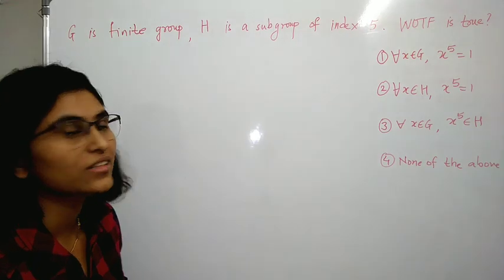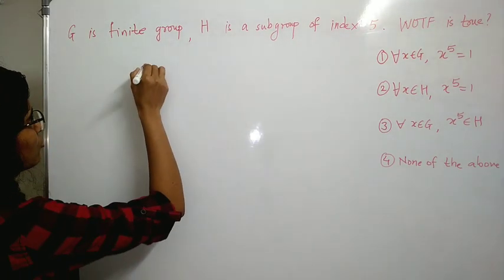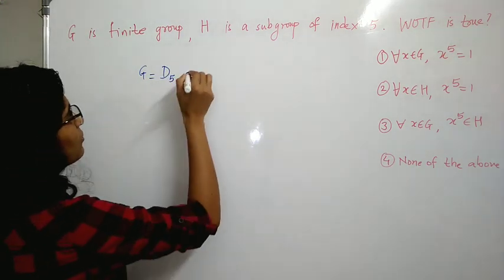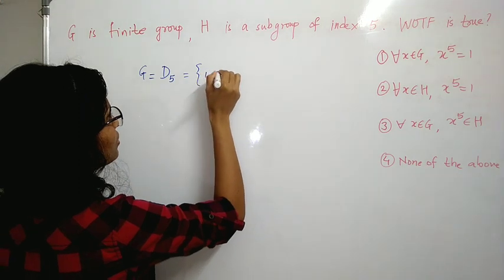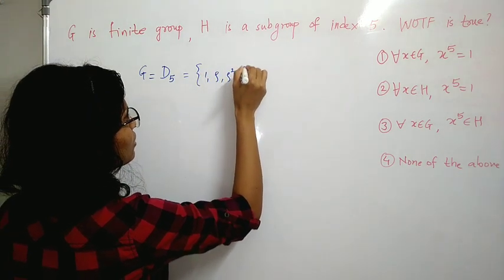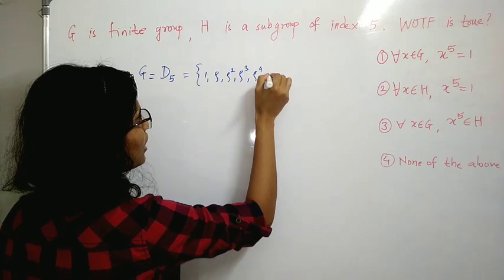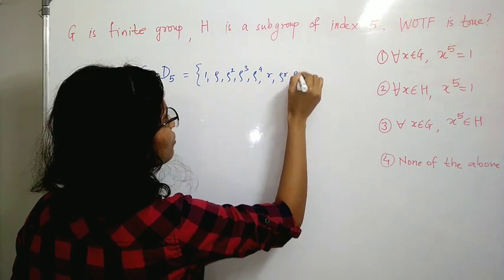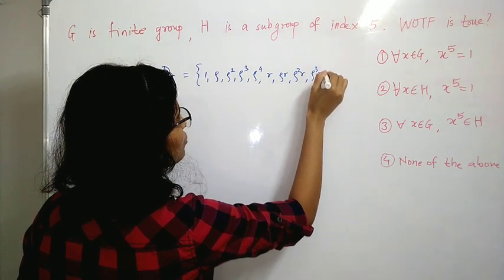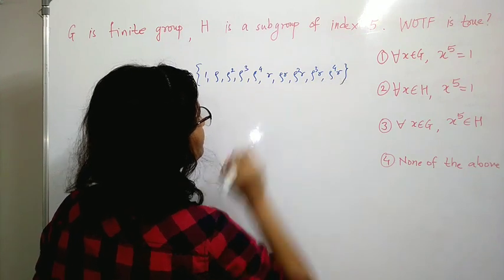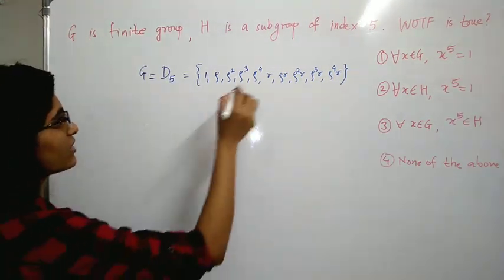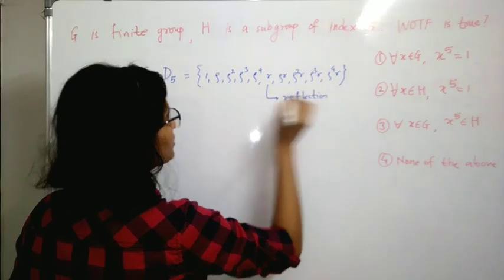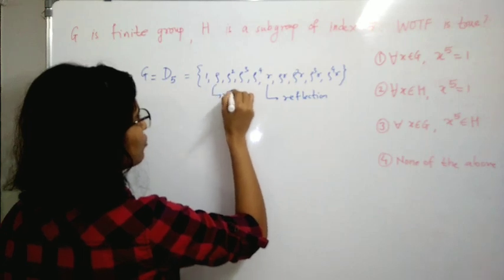So to answer this question, let me take a group G to be D5, the dihedral group of order 10, which is just 1, rho, rho square, rho cube, rho raised to 4, then R, rho R, rho square R, rho cube R, rho raised to 4 R. Here this R is a reflection and this rho is a rotation.